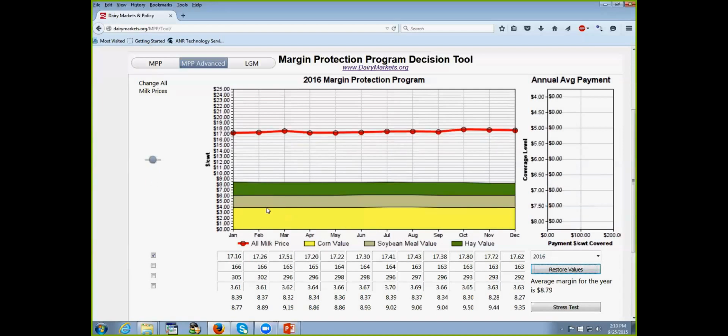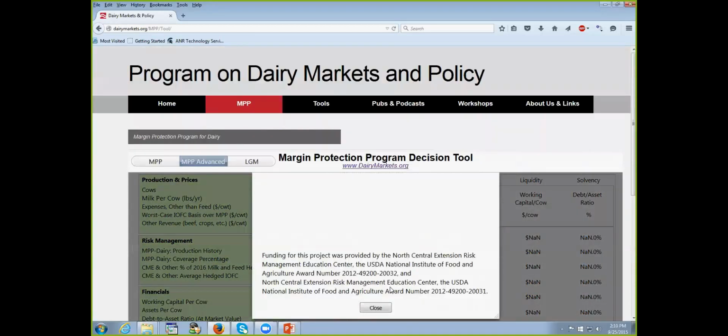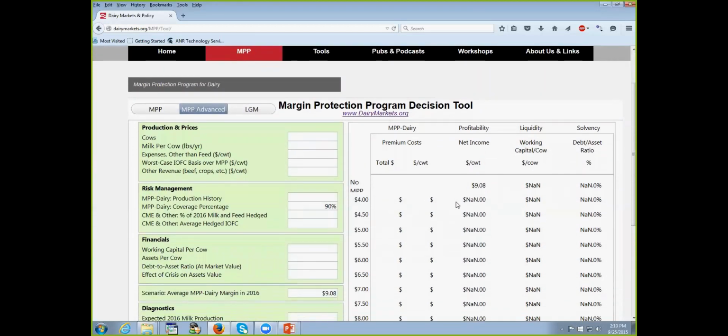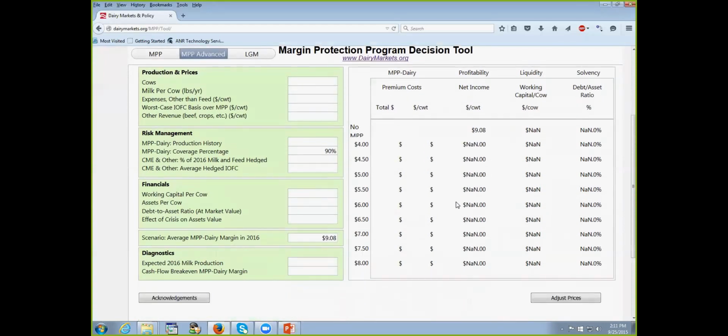Okay, so the other thing you can do, and I'm not going to spend time on this, but I will tell you that there are videos and user guides and papers to explain how to use it. If you click on stress test, then you get this screen right here, which you can use for your own individual farm.